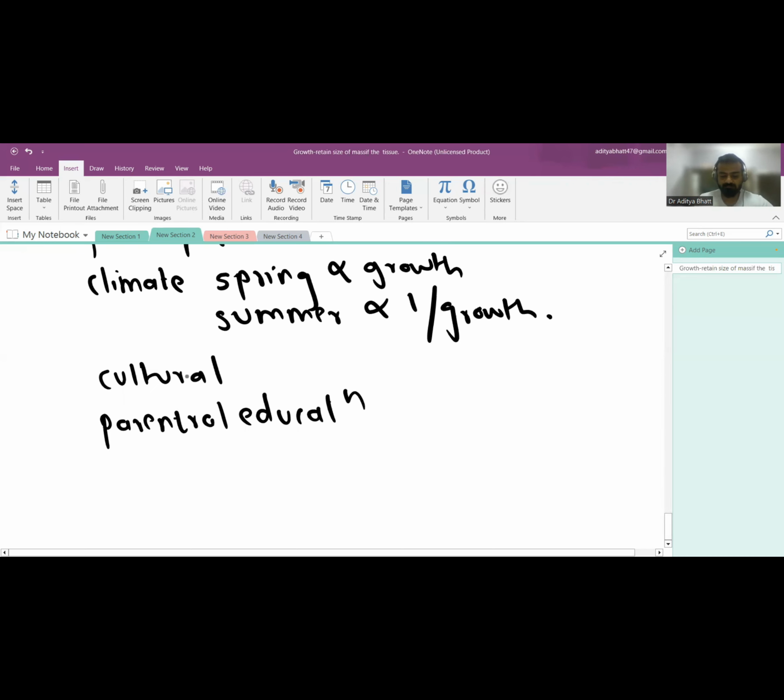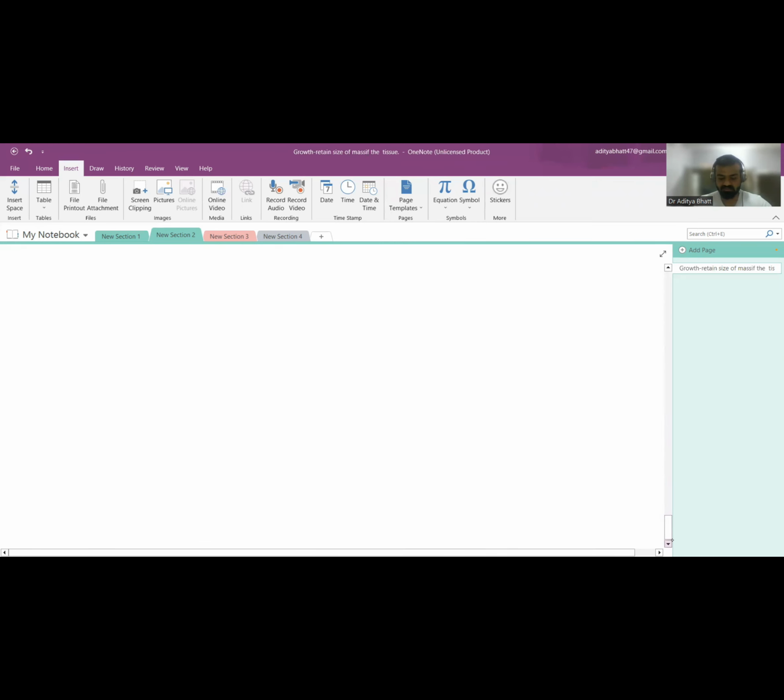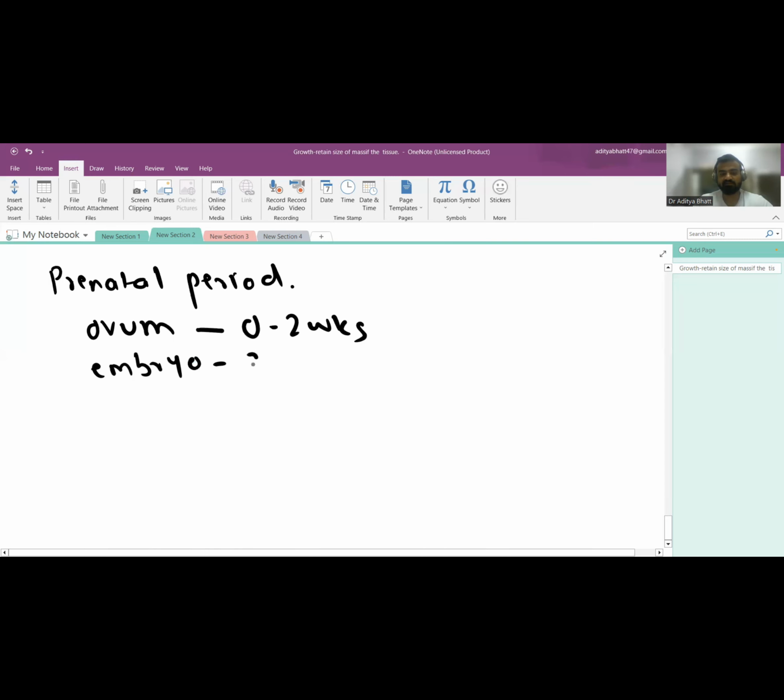Now, there are a few definitions that I want you to remember. What are the periods of growth? When do you call it ovum? It is 0 to 6 weeks. Embryo, 3 to 8 weeks.